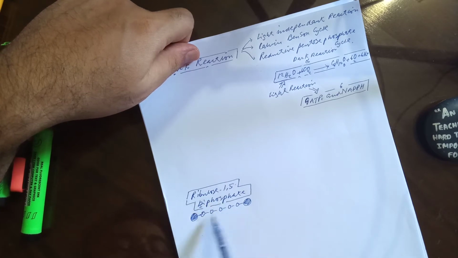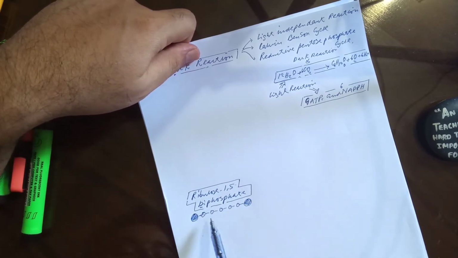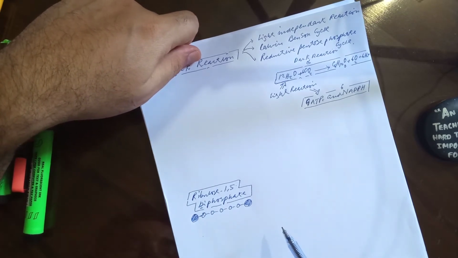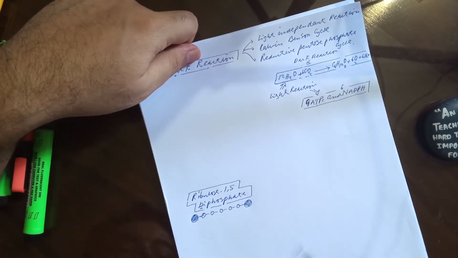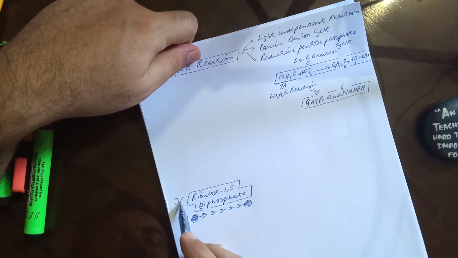Ribulose 1,5 biphosphate is the starter of the reaction. It's a reaction between ribulose 1,5 biphosphate and carbon dioxide, and there are 3 certain reactions. So we'll be talking about that. Now, how many molecules of these ribulose 1,5 biphosphates are there? There are 3 molecules of it.